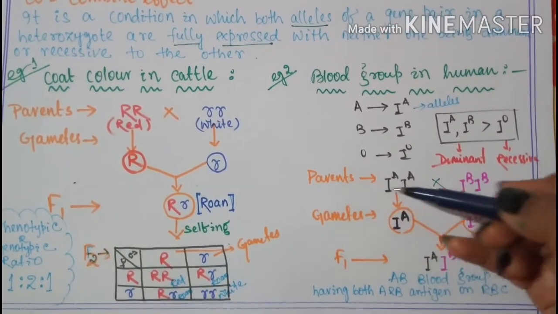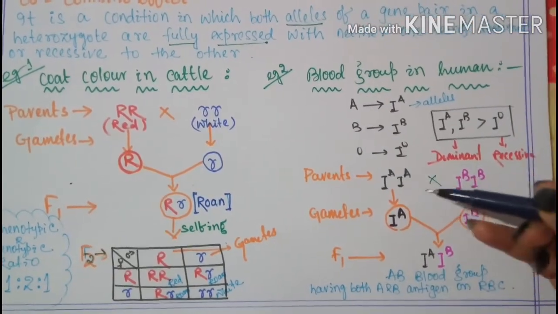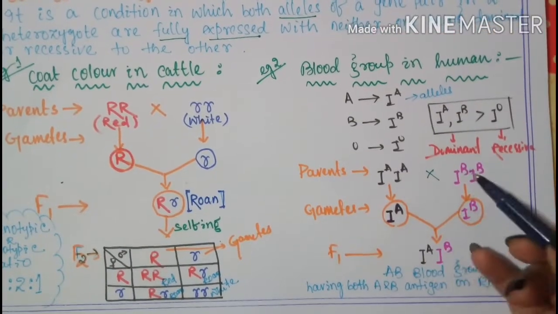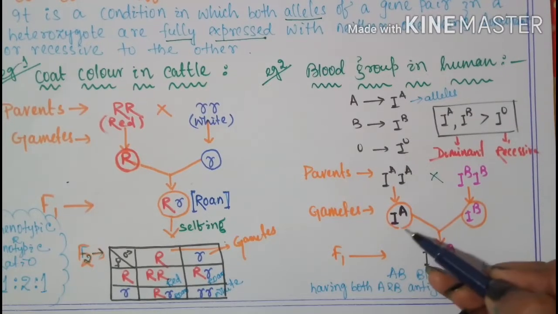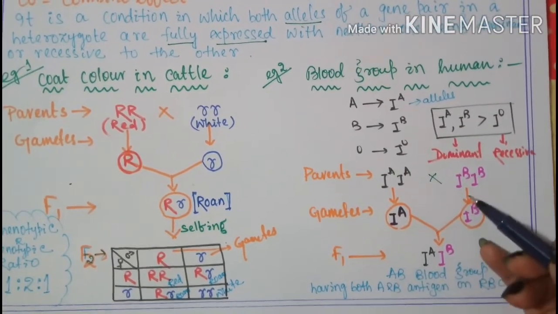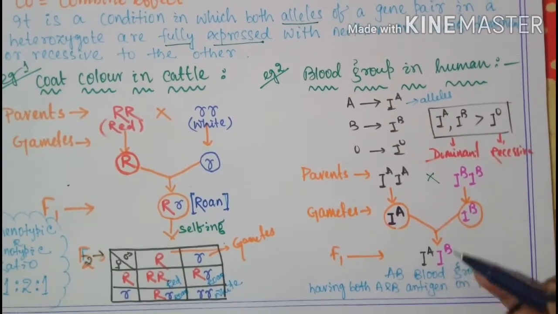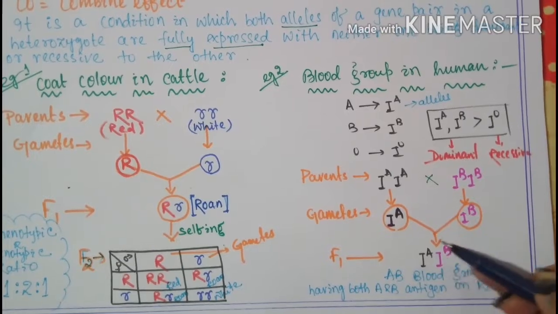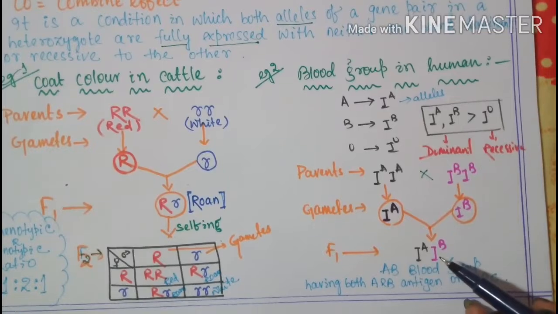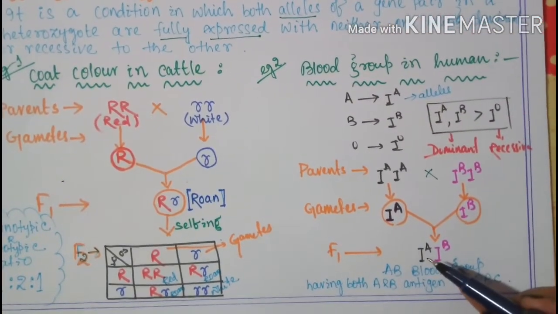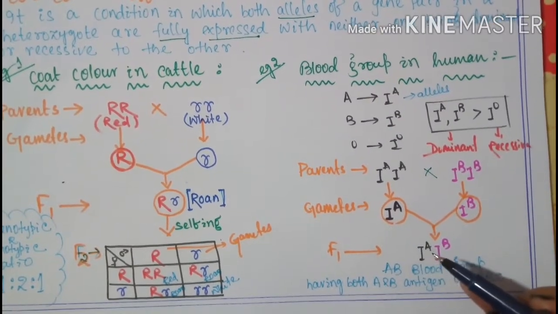So let's take parents having the A blood group and B blood group and cross them. The A parent can produce only one type of gamete, that is IA. The B parent can produce only one type of gamete, that is IB. Combined, they form the new genotype in the F1 generation, that is IA IB. As per Mendelism, if A blood group is dominant, the F1 must have A blood group.